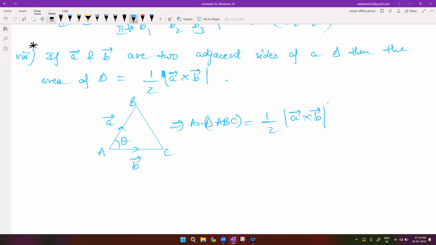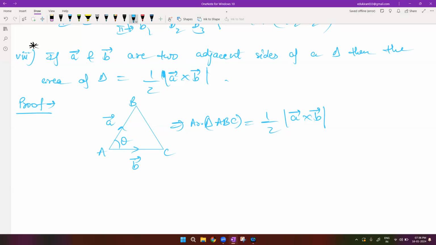Before that, can someone tell me how do we find out the area of a triangle? We have been finding the area of a triangle since seventh or eighth standard. There are various methods that we have used over the years.